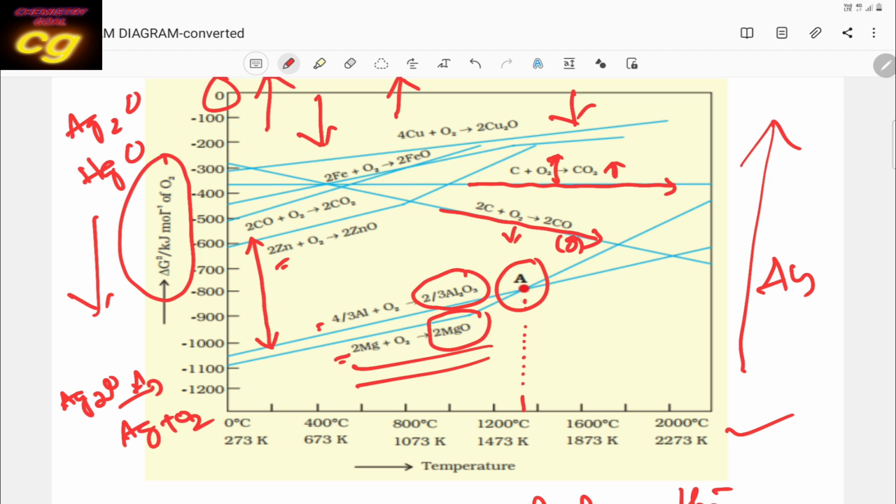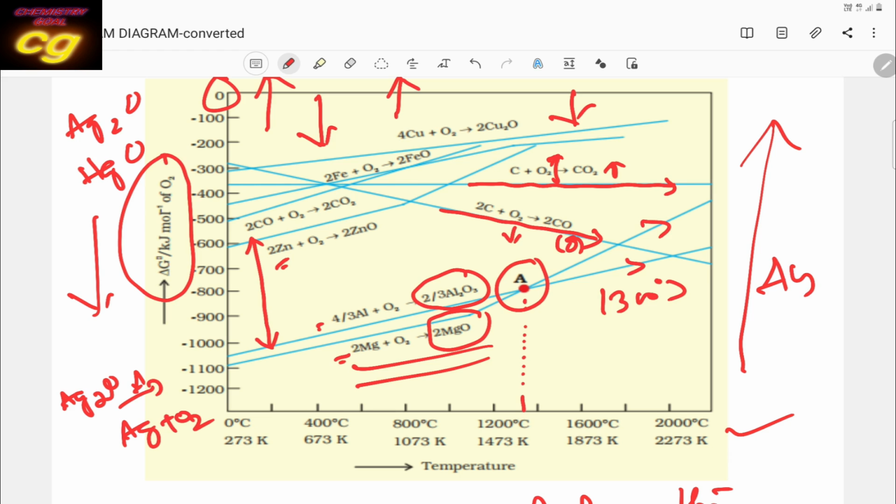Below 1300 degrees Celsius, magnesium can reduce aluminum oxide, but above 1300 degrees Celsius, aluminum is coming below. So aluminum can reduce magnesium oxide. This is a very important difference.